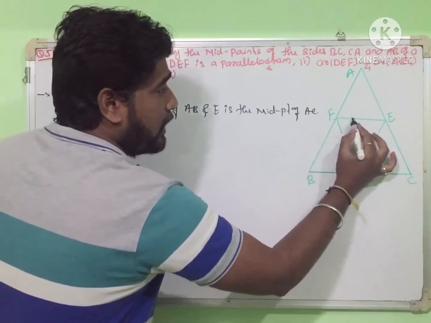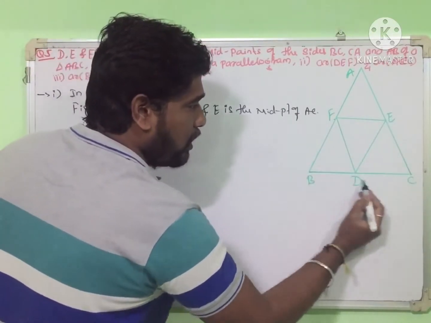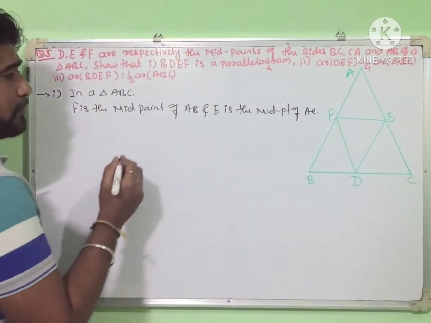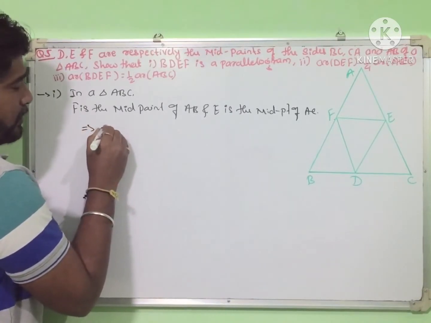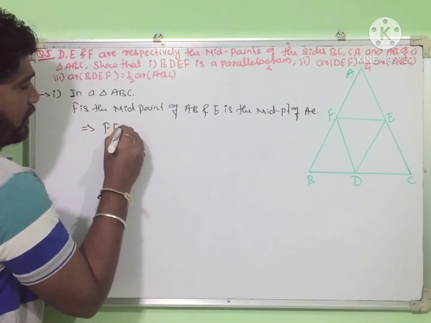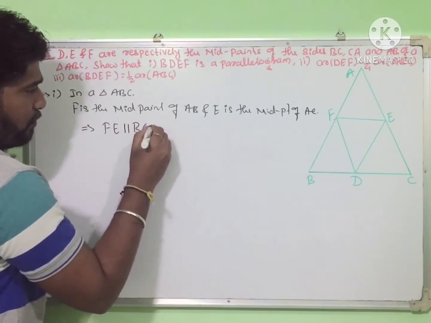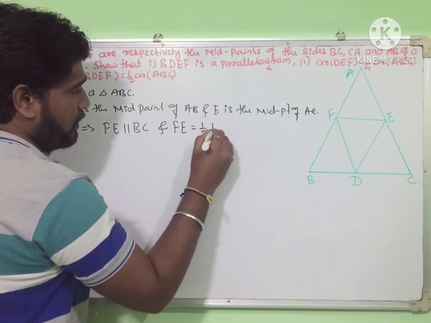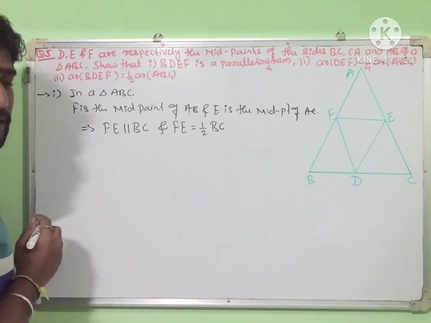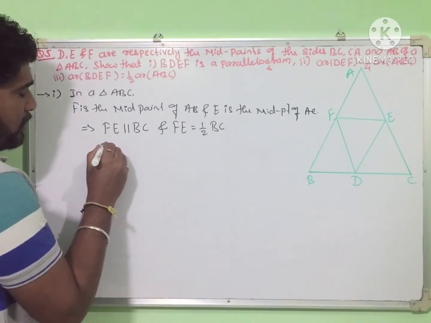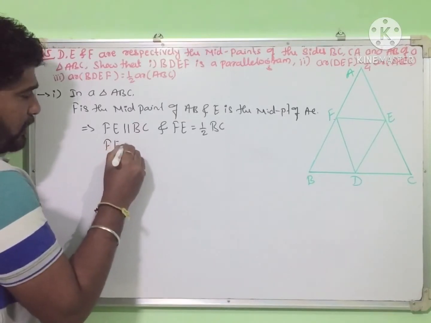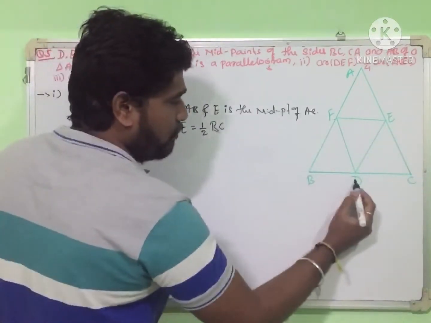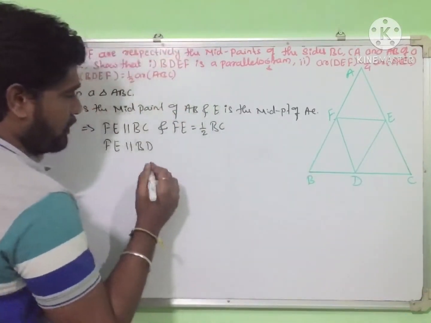It means EF is parallel to BC and EF is half of BC by the midpoint theorem. So this implies FE is parallel to BC and FE is equal to half of BC. And see here, FE is parallel to BD, because BD is part of BC, right?